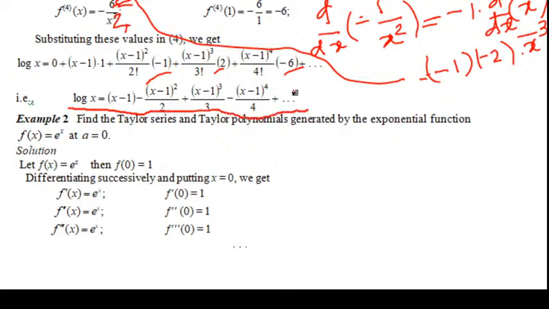We have to put 3 dots here. Okay. This is very important. If we finish here, we can call it a Taylor polynomial associated with the log x. Then we cannot write that log x equal to that polynomial, because we have found only a finite number of terms.